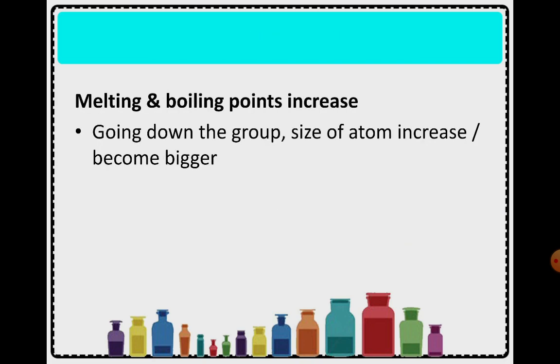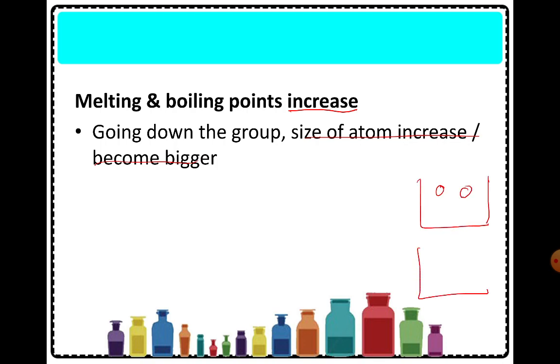Melting and boiling point, going down the group, the melting and boiling point also increase because the size of atoms become bigger. So bila saiz dia makin besar, mula-mula jarak dia dekat, ya.